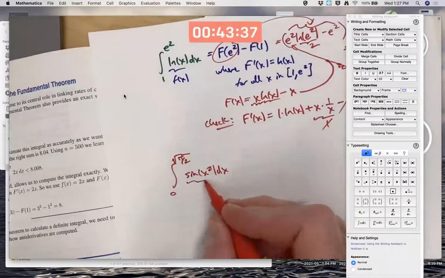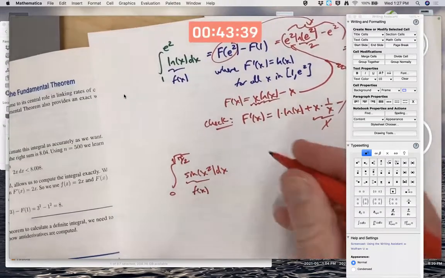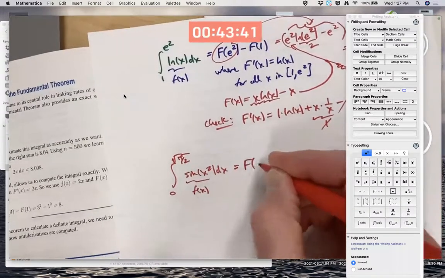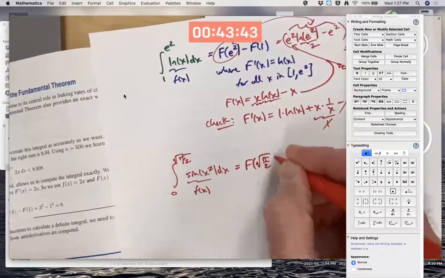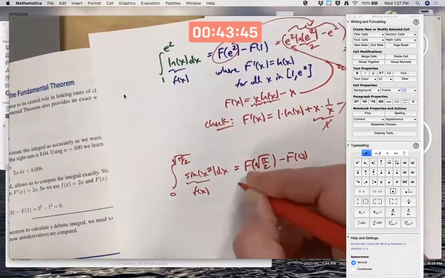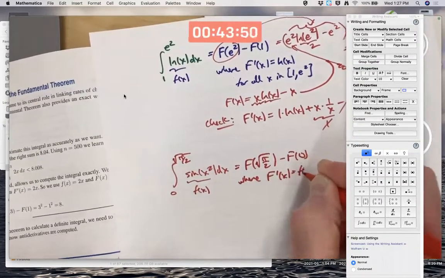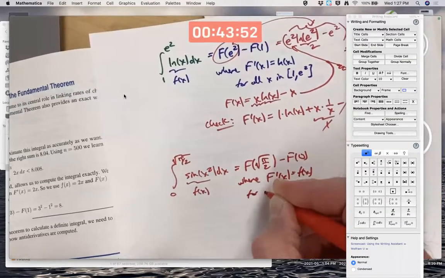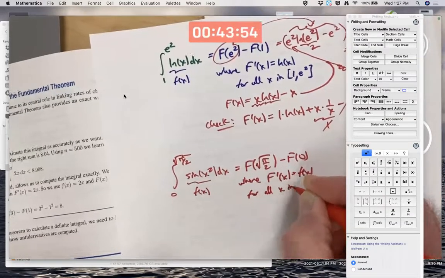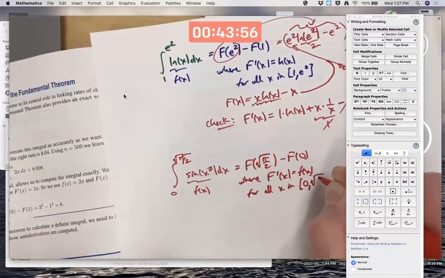This is my little f of x. According to the fundamental theorem of calculus, that's going to be capital F of square root of pi over 2 minus capital F of 0, where capital F prime of x always equals little f of x for all x in the interval from 0 to square root of pi over 2.